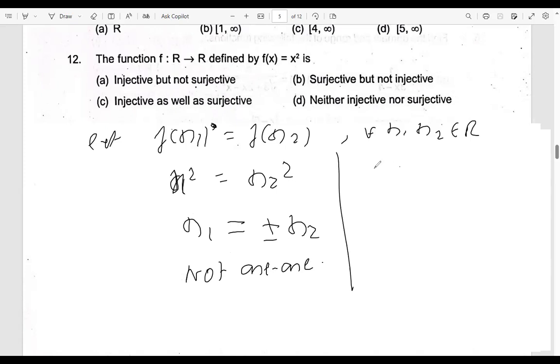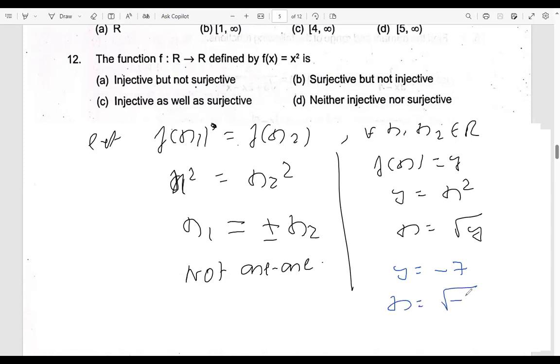Coming to the onto part, we take f(x) as y, and replacing f(x) with y, we get x equal to under root y. Now, whenever we take y as a negative integer or negative fraction or real number, say, if I take minus 7, then x is under root minus 7, which is not a real number.